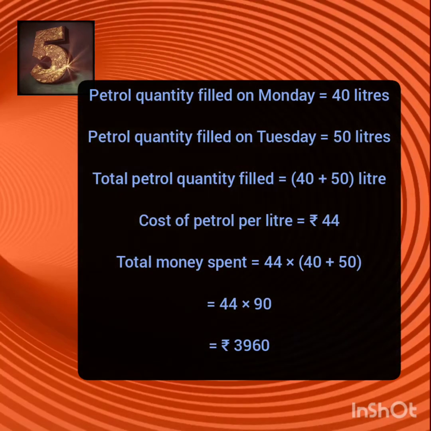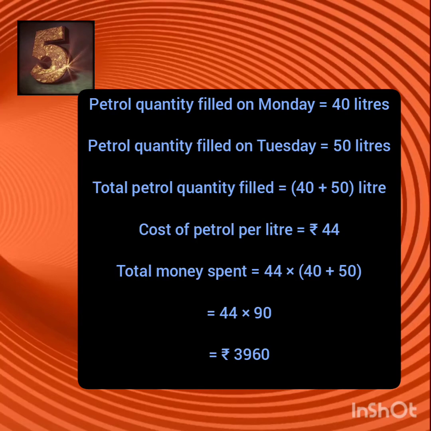Now let's see the solution of the given question. We are given petrol quantity filled on Monday, that is 40 liters. Petrol quantity filled on Tuesday, that is 50 liters. So total petrol quantity filled equal to 40 plus 50 liters.